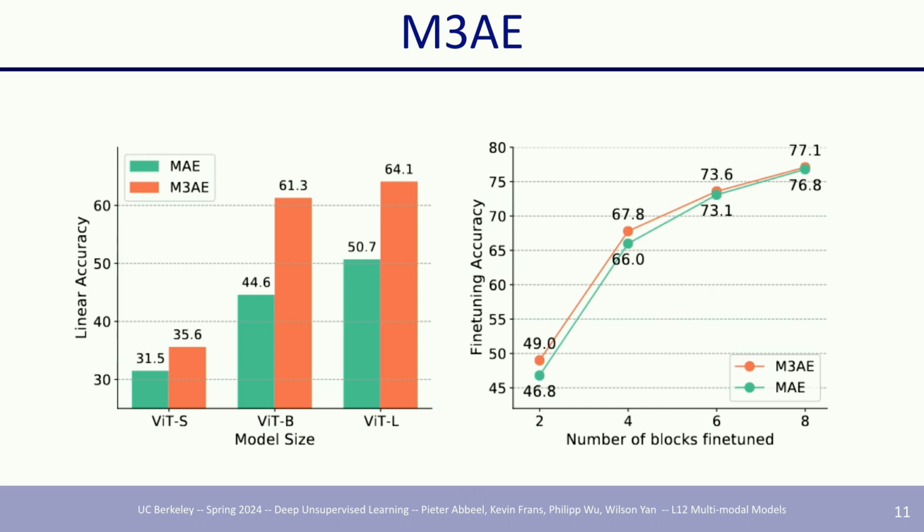Most likely because the labels or the targets for ImageNet are all very language-like, in the sense that it's a type of dog or a type of cat or a car or a truck, which may have facilitated better representations for this kind of thing. And with fine-tuning, there's less of a gap because now you can update all the parameters, but there's still some improvement, especially since you can get away with fine-tuning a smaller part of the network to get pretty good performance.